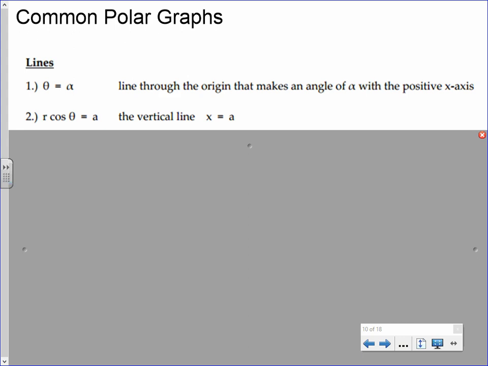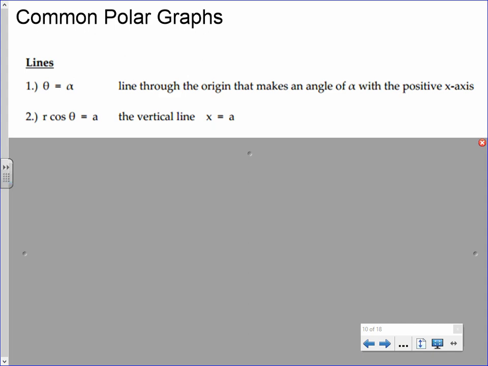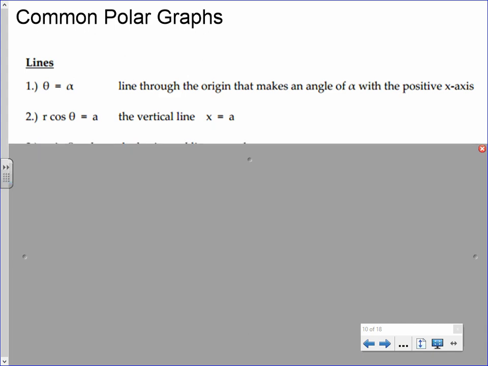Rearrange it, r cosine theta equals a, and we have a vertical line. Now, you are typically not going to see r cosine theta equals a. Remember, I told you I want things solved for r. So in that case, you would see r equals a secant theta. That's a vertical line through a.